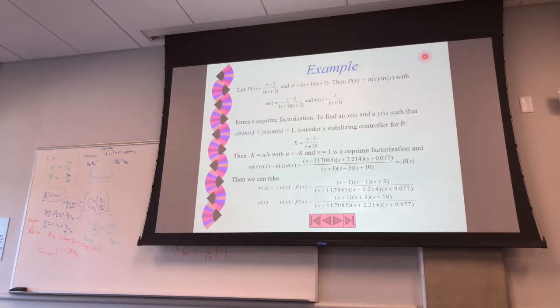This is a way to find this. So then everything is stable. This is just a different way of looking at the numerator and the denominator. In the MIMO case, you should not simply use a polynomial. You need to use an RH infinity function.